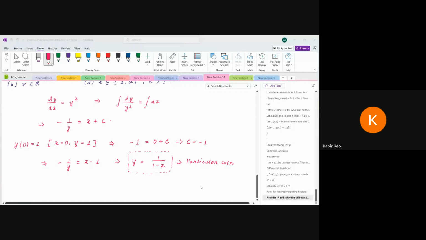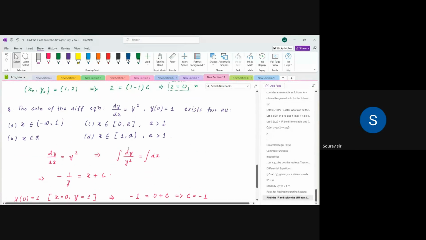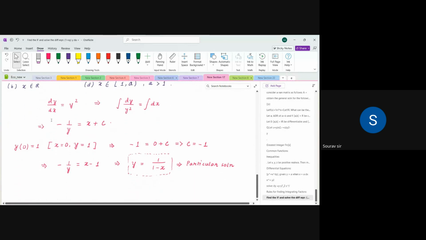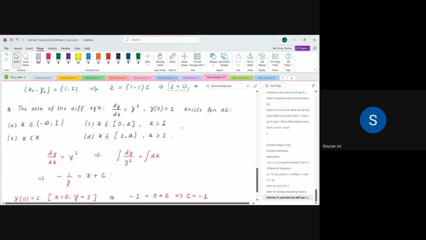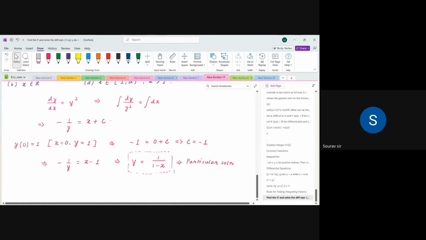All the values of x for which y happens to be defined or something. Yes, correct. Absolutely. So the question is the solution of the differential equation exists for what values of x? The solution will exist only when y exists, right?